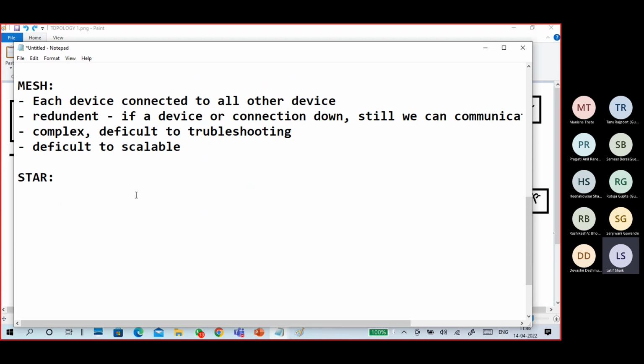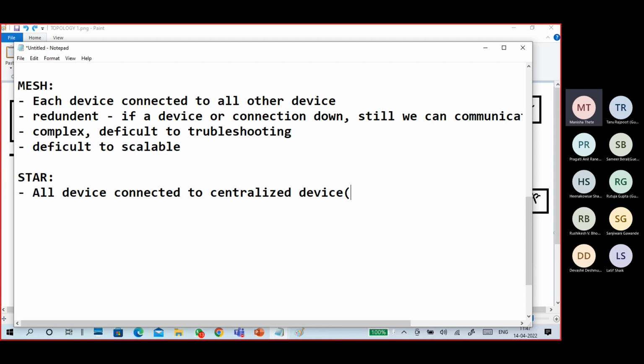What is star topology? All devices are connected to a central device. Example, a hub or a switch.